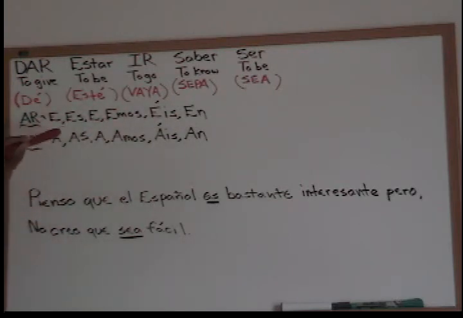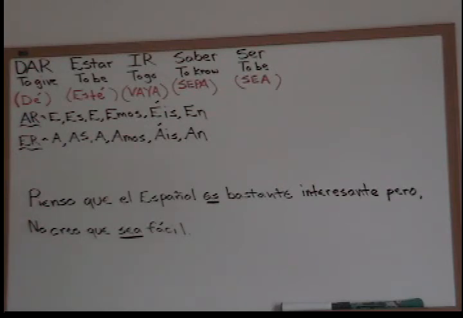If it's an ER infinitive, then this is what it's going to look like. So essentially, AR is going to be an E, and ER is going to be an A, okay? I memorize those, and then I go through different drills and exercises just to practice so I can get used to them, okay?